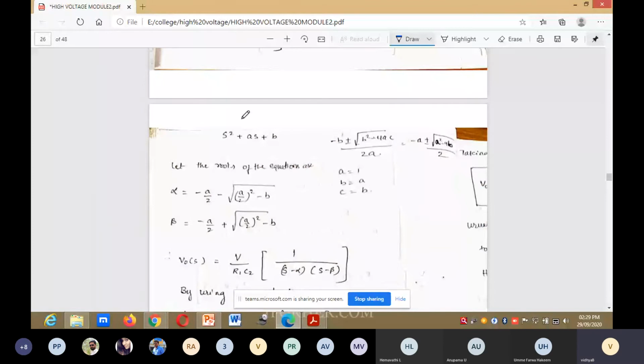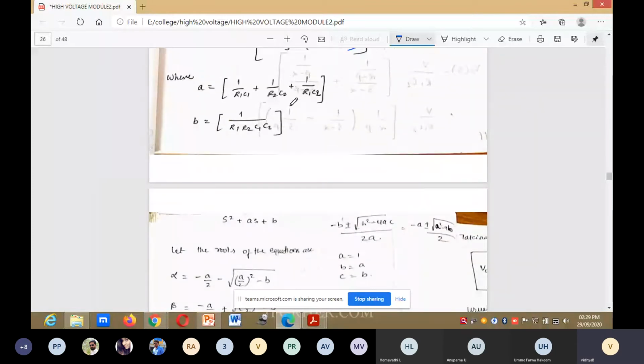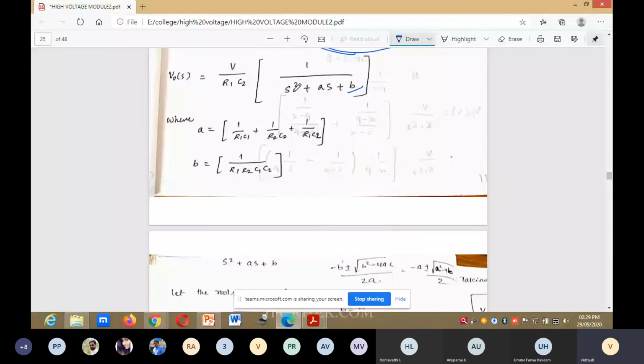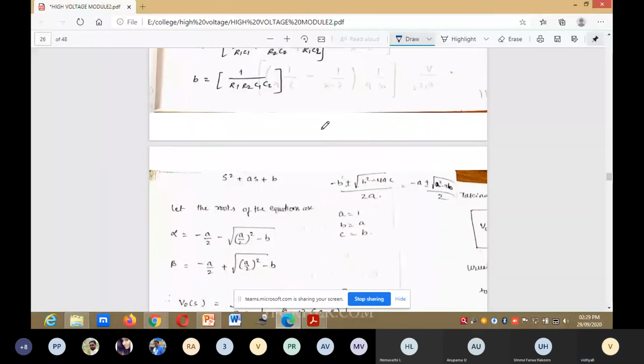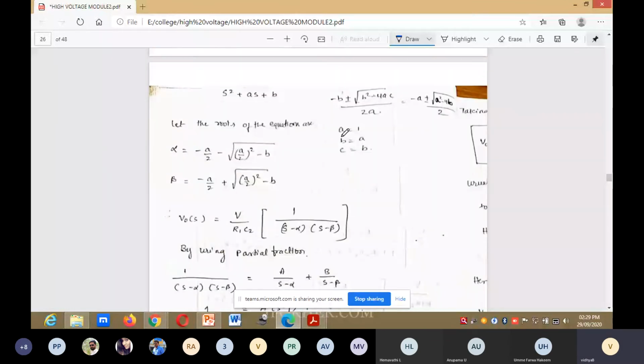Next, we solve S square plus A S plus B, which is similar to a quadratic. What is the S value? If we solve that, minus b plus or minus square root of b square minus 4ac divided by 2a. If you substitute the values, here a is 1, b is equal to A and c is equal to B, we get minus A plus or minus square root of A square minus 4B divided by 2.